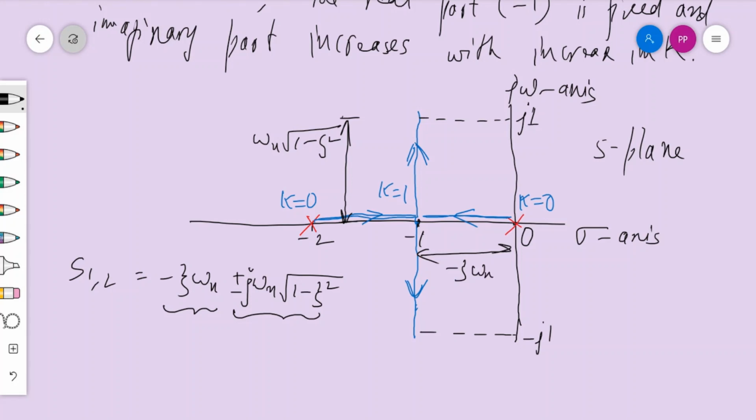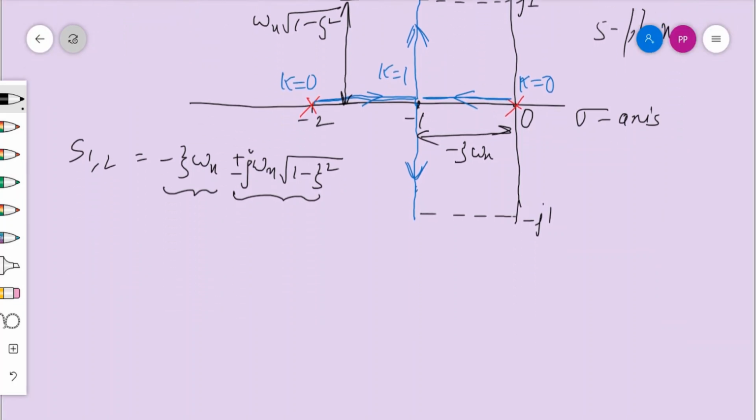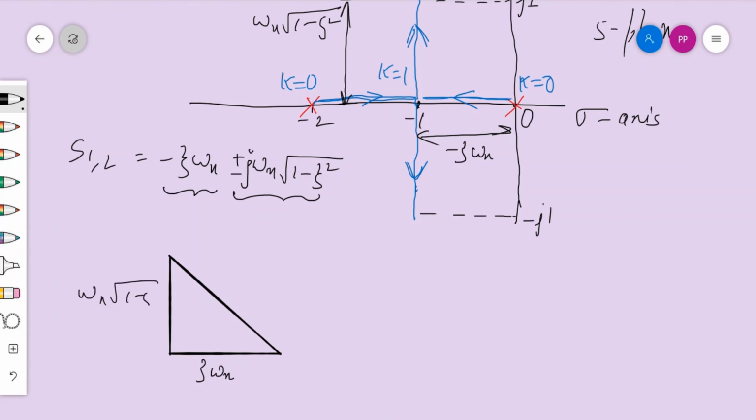Let us do some simple mathematics over here. Let us take a right triangle. We have on the x-axis xi omega n and on the y-axis omega n root 1 minus xi square.